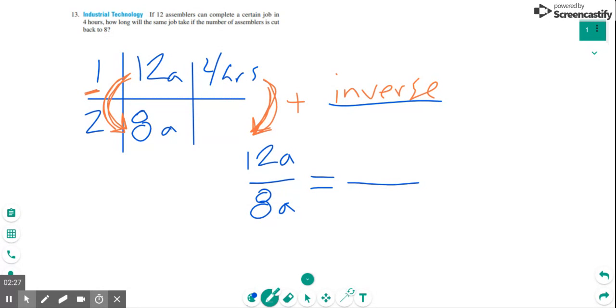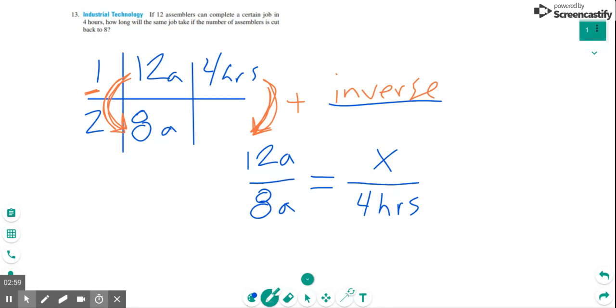So 12 assemblers is to 8 assemblers. Now, if this were direct, I would put the 4 hours with the 12 assemblers since those go together. However, since it's inverse, you simply flip it. And that's what creates the inverse scenario here. And then let's just say x hours.